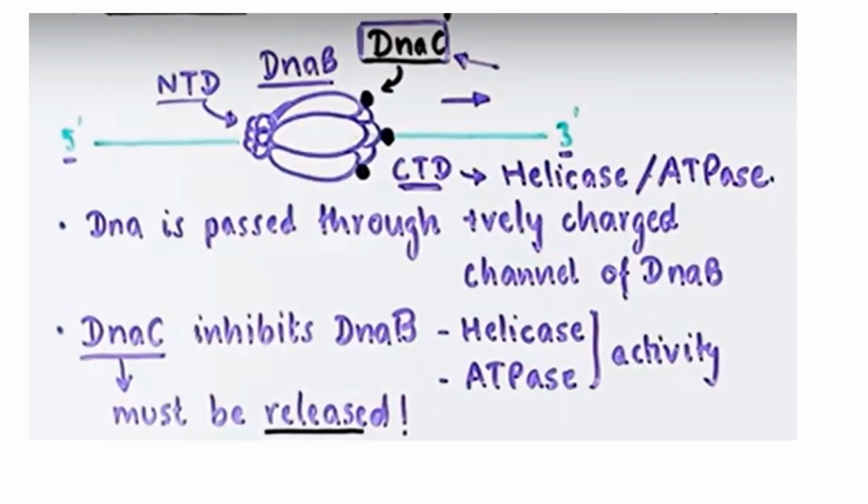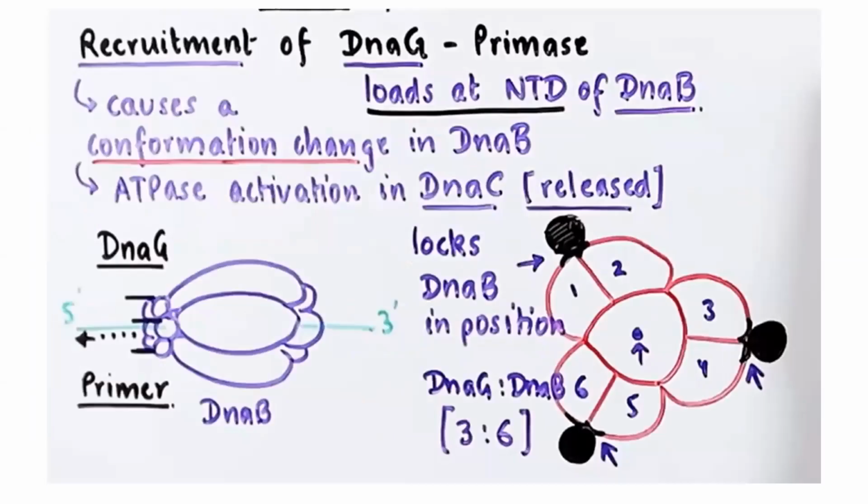And for your reference, the N-terminal domain is at the other end of the helicase, which is where DNA-C is bound, at the C-terminal end. Simply speaking, the binding of DNA-G at the N-terminal region causes conformational changes that activate the ATPase in DNA-C. And by the way, DNA-C has the ATPase domain as well, and the ATP hydrolysis causes the loader protein to be released from the helicase.